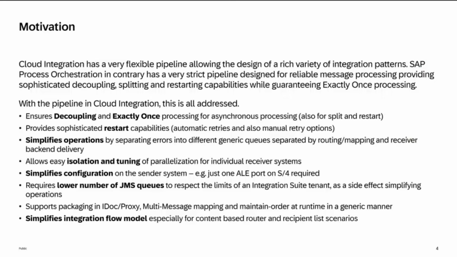On the intro and motivation, a bit too busy this slide here, sorry for this. There are 2 parts of motivating the pipeline concept. One part: if you look into how message processing is done in Process Integration and Process Orchestration, it is done in so-called static pipelines, where the order of the pipeline steps is given, and you have a pipeline step to determine the receivers, determine the interfaces, run the mapping, and so on.